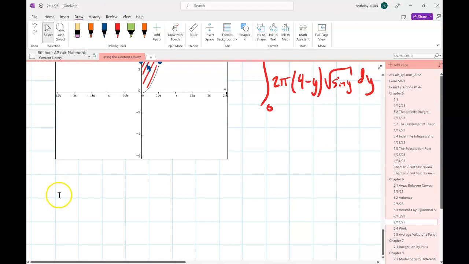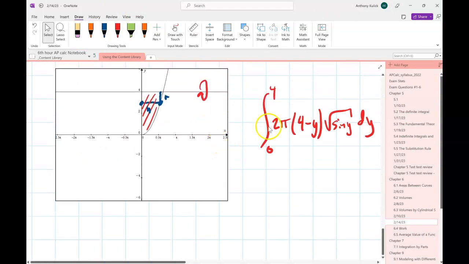Mr. Cole, yeah, sure. So for that problem, it said the bounds of integration will be 0 to pi. Are they integrating with respect to x? No, they're still integrating with respect to y.